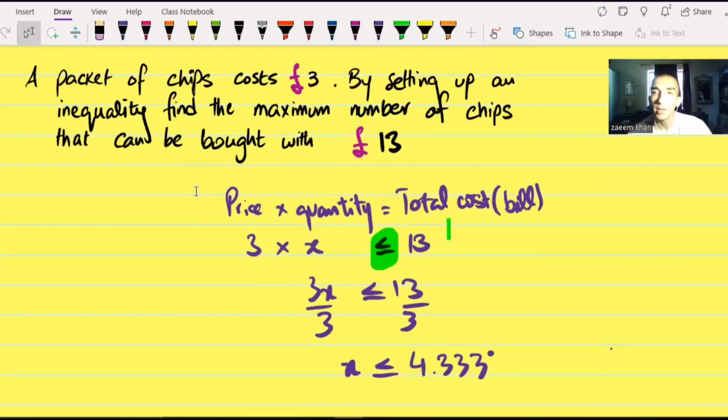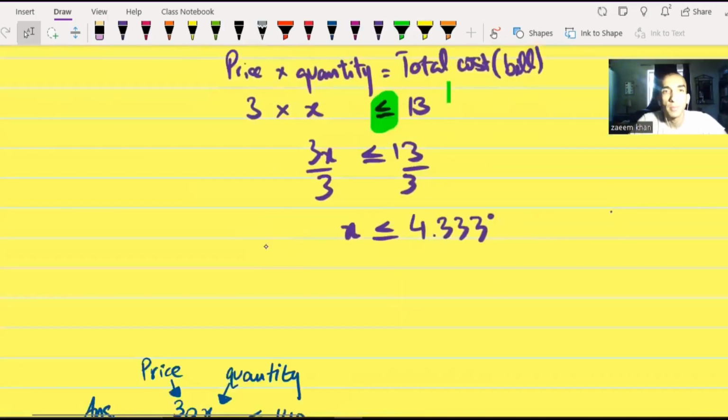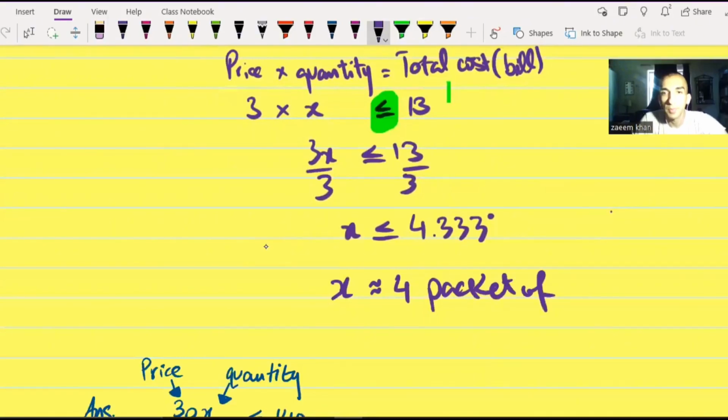No, it doesn't work like that. So you're going to buy exactly how many packets of chips? 4. You're going to round it off. This is a sign for rounding off, and you can buy only 4 packets of chips. And you're going to get back some change. If I'm not wrong, the change is going to be in pennies, right?